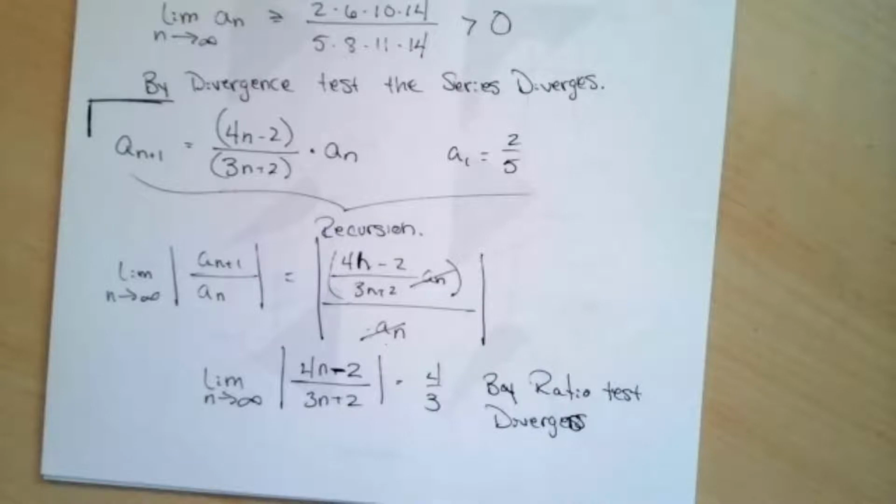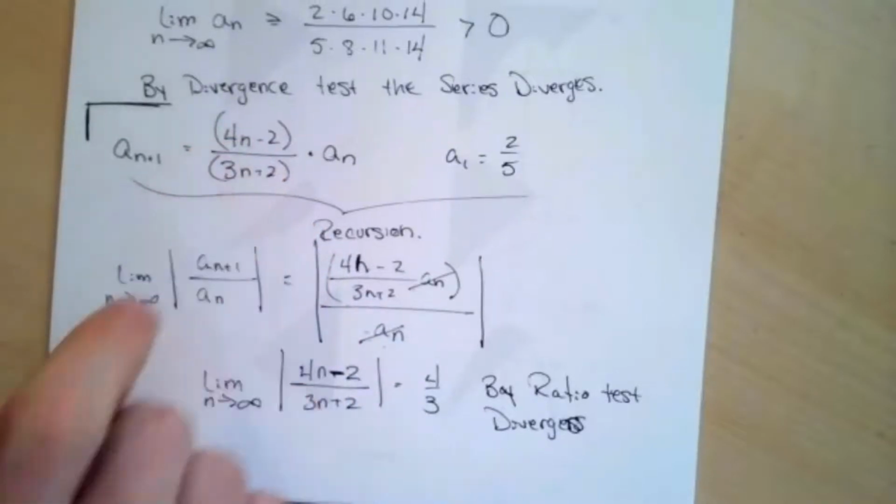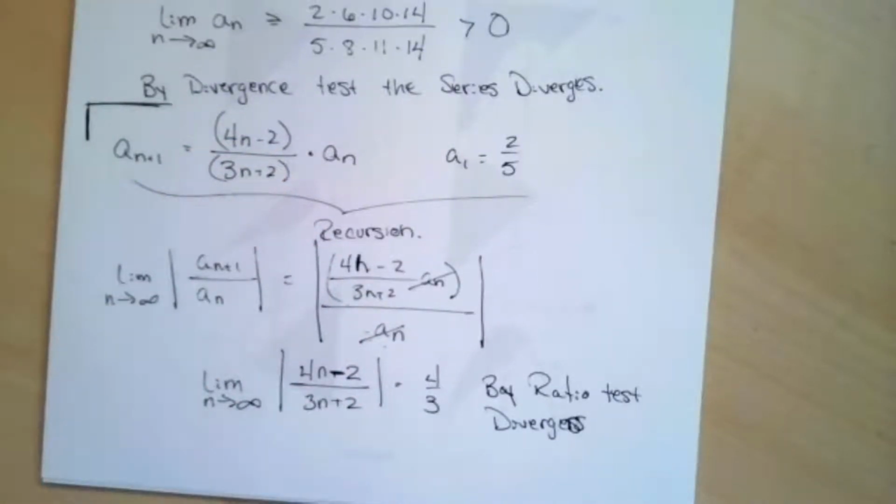I see it more as the ratio test than the divergence test, to be honest. This way's a lot quicker. If you understand where the recursion comes from and can demonstrate that this is the correct recursion, it's a lot quicker, a lot nicer and more concise. The recursion is basically saying, from the given values they give you, up to, is it 18 or 14?